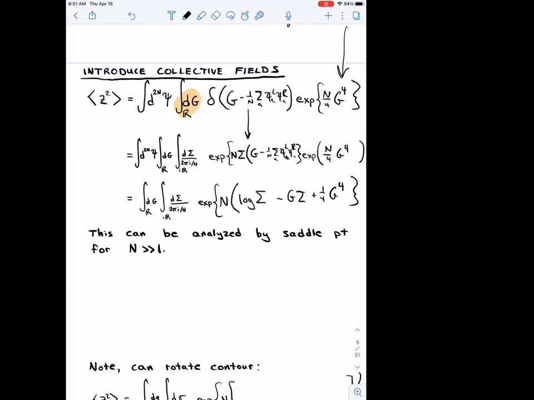And you notice that n multiplies the whole action. So if n is large, we can analyze this by saddle point. The saddle point equations say that 1 over sigma is equal to g, and that g cubed is equal to sigma. And these two equations together say that g and sigma should be 4th roots of unity. They should live on the unit circle, and they should be 4th roots of unity.